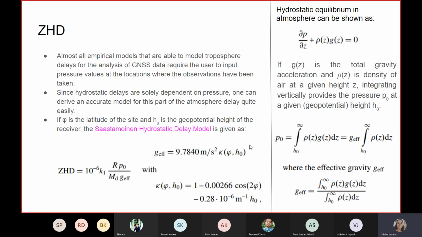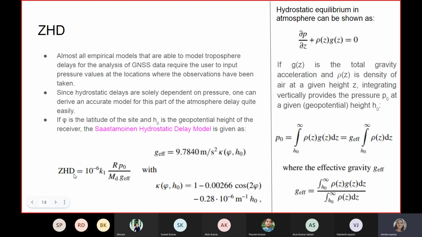So for hydrostatic delay, there is a phenomenon known as hydrostatic equilibrium, which relates the pressure, density, and gravity. At a height z, from here you can compute pressure in terms of gravity, and this information you can use in your model to calculate hydrostatic delay.